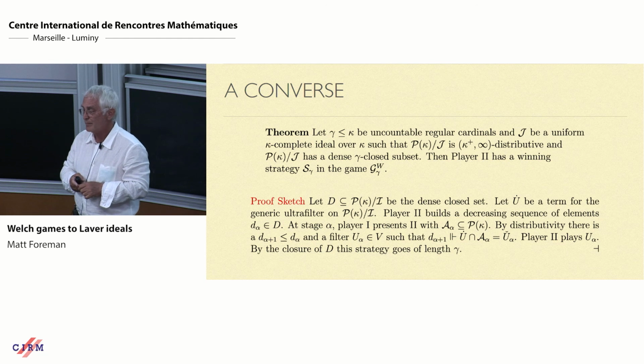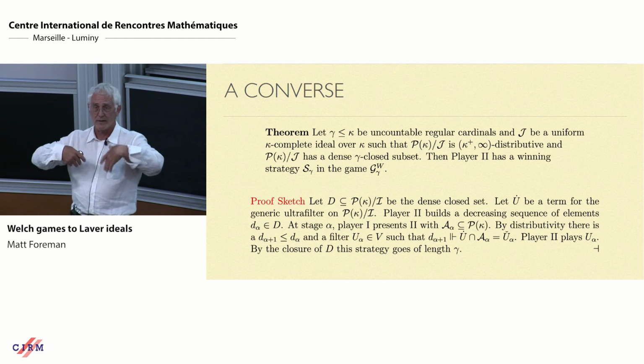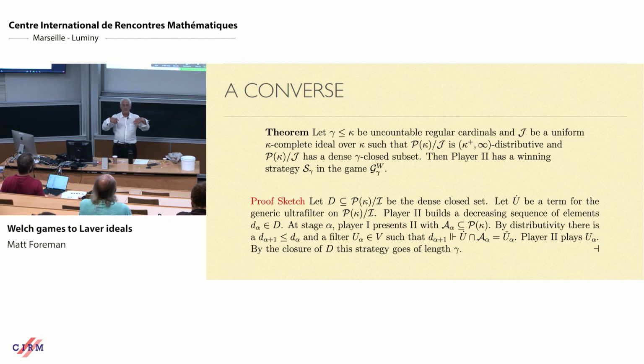Player 1 is playing these algebras, A alpha. Now each A alpha has cardinality kappa. So player 2 builds a decreasing sequence of elements D alpha in the dense set. At stage alpha, player 1 presents player 2 with an A alpha contained in the power set of kappa.